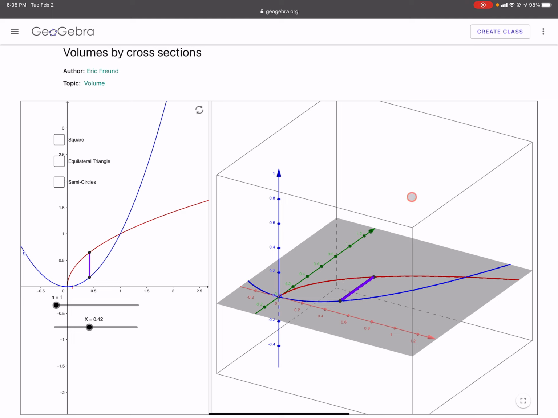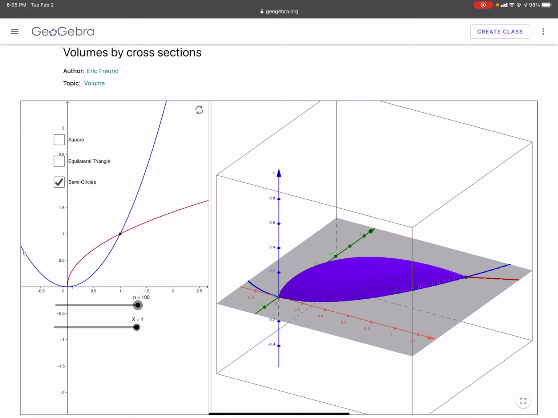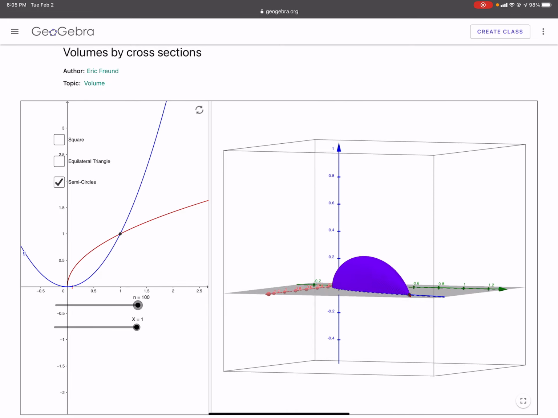The other shape you can have, very popular, is semicircles. You can place semicircles starting at one end, add them all the way across, and get the volume of this building. You get more and more semicircles, and as the number goes to infinity, it becomes an integral. And now you have a dome.